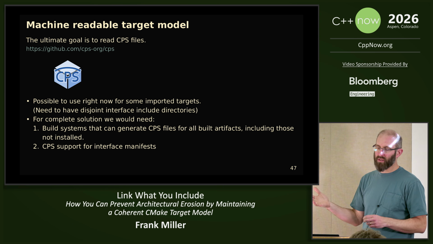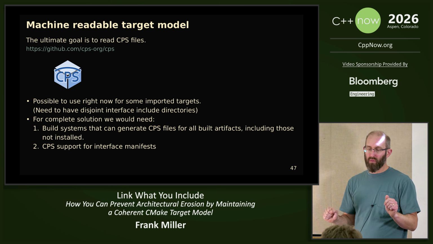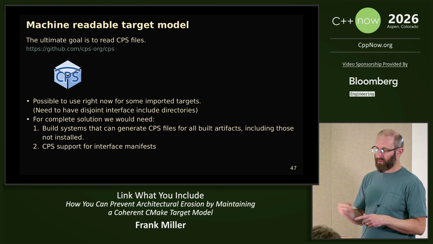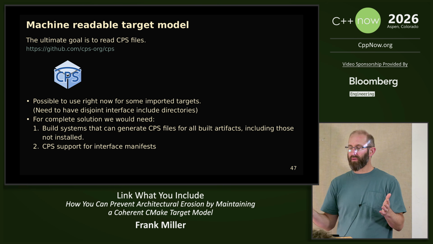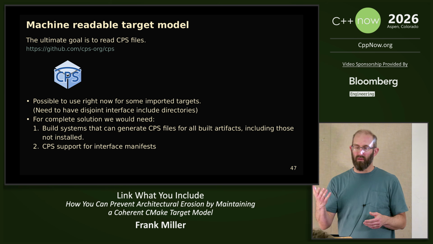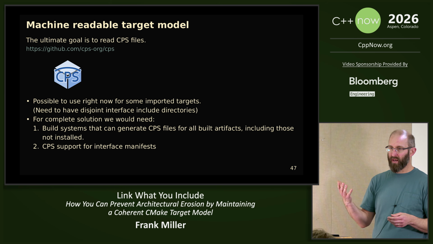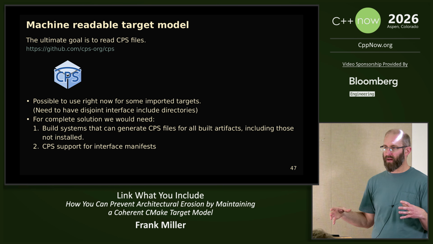But for a complete solution to use CPS and not depend on CMake at all, we need these two things. We need build systems that can generate CPS files for all built artifacts, including things that aren't installed, right? So I'm using this at Esri, and the product that we have is one big shared library, but it's decomposed into a bunch of static libraries.